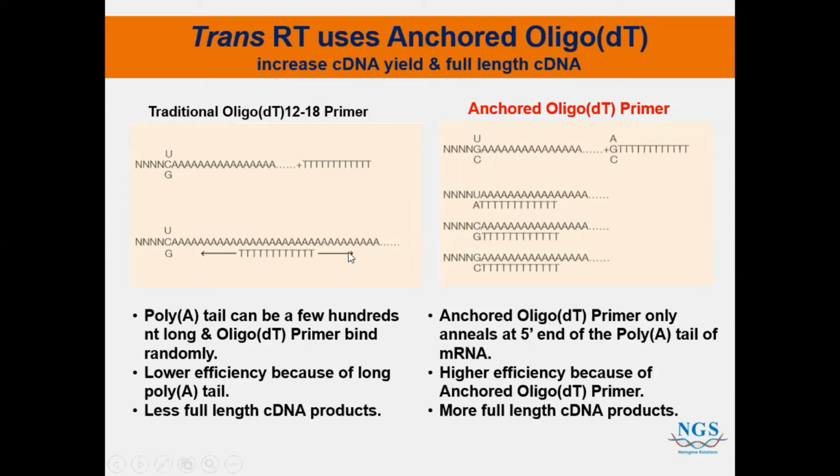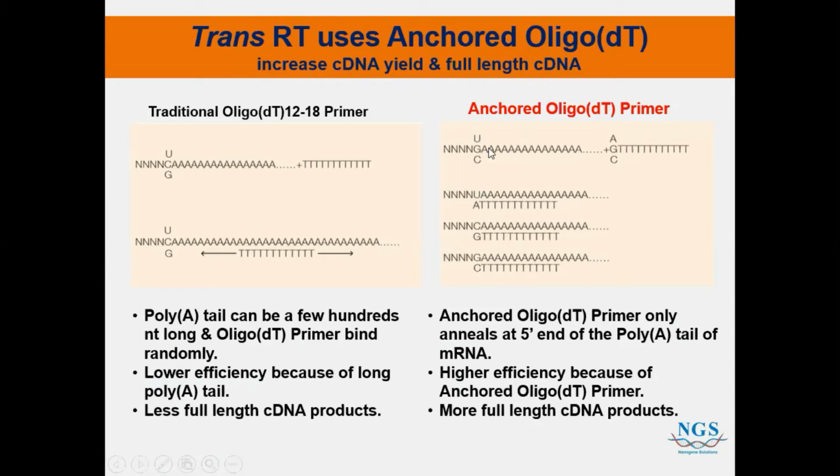So in order to overcome this problem, Transgene has incorporated anchored oligo dT primer, where they have added AGC tail, okay, at the oligo dT primer. So with this AGC tail, it will always bind to the 5' end, okay, of the mRNA.